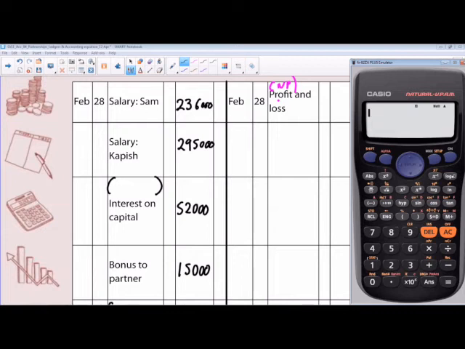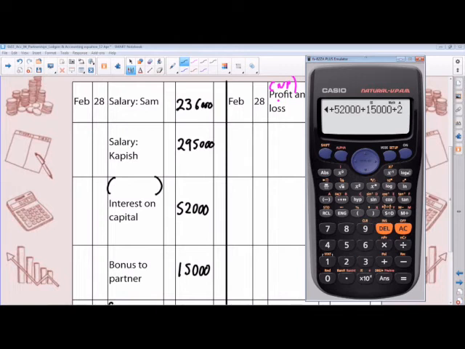So we're taking 236,000 plus 295,000 plus 52,000 plus 15,000, plus the 20,000 and the 15,000, the figures that I just entered.